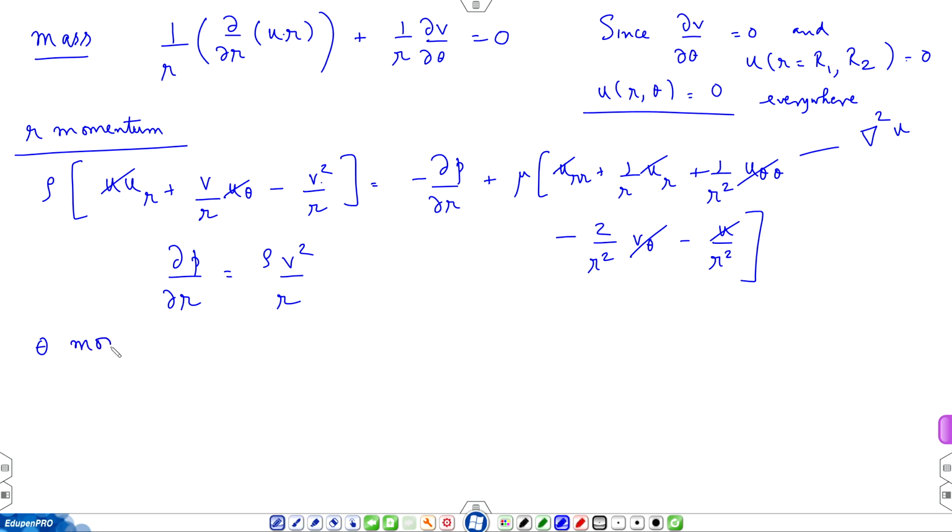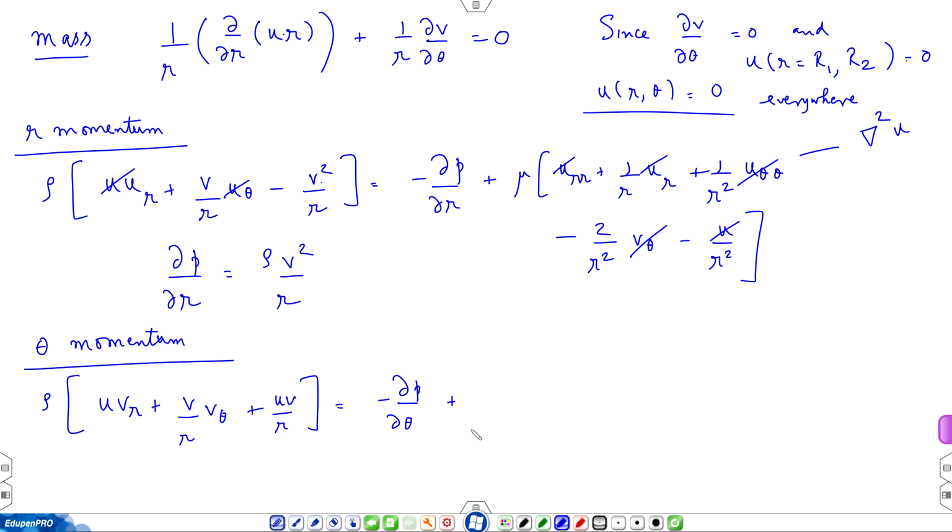Now, in the theta momentum equation, how do you simplify it?